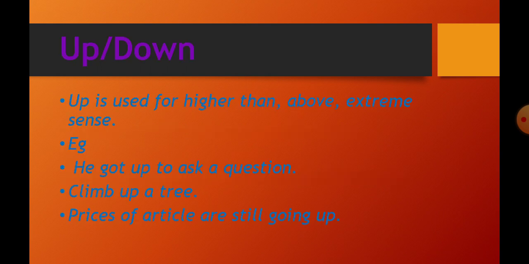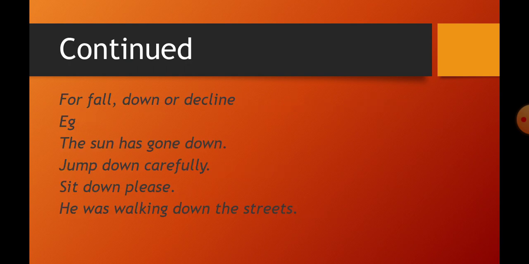Up and down. Up is used for higher than, above, or extreme sense. Example, he got up to ask a question. That means he got above to ask a question. Climb up the tree. That means you climb higher on the tree. Prices of articles are going up. That means the prices of articles are rising.